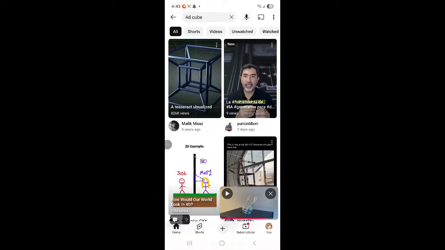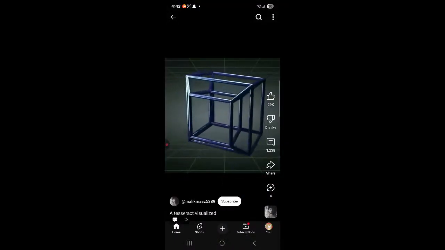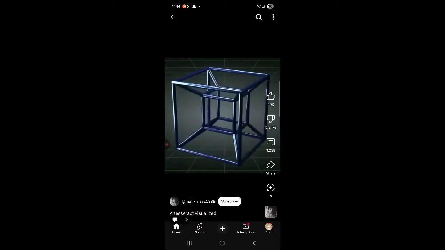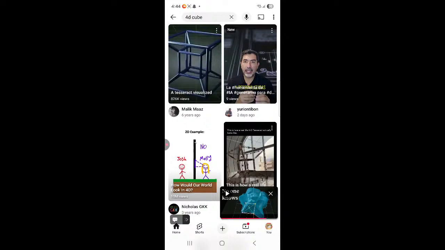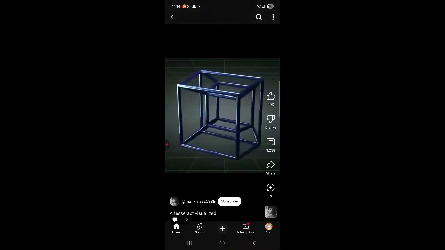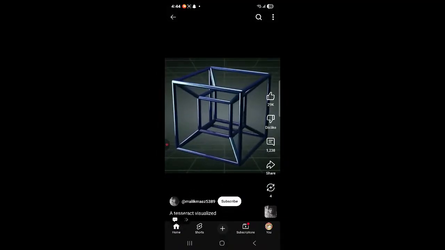And this is 4D cubing. Lies. That's not how it works. You don't know 4 dimensions. I'm sorry. However, look, this is fascinating.